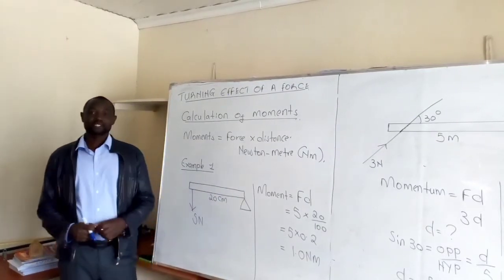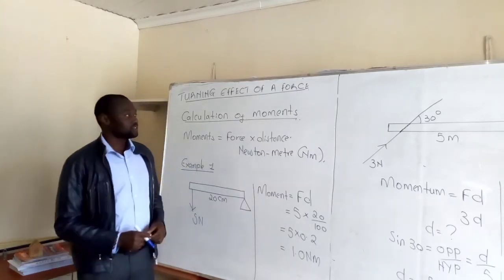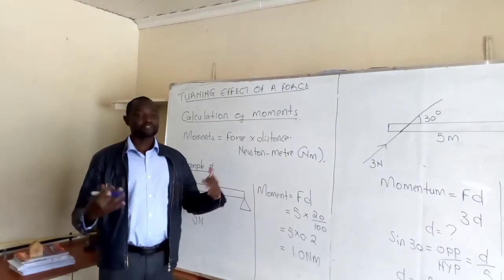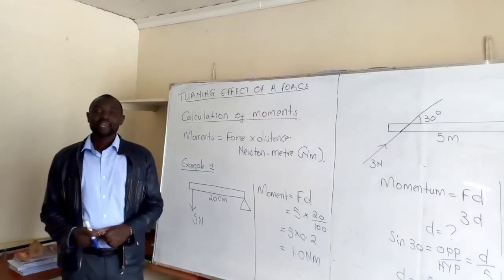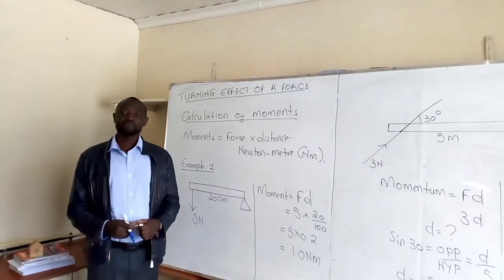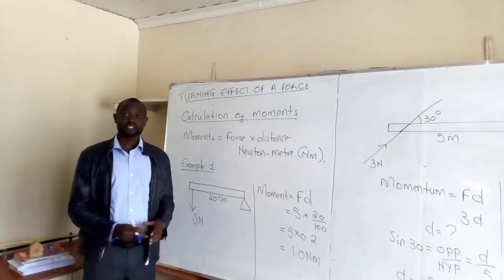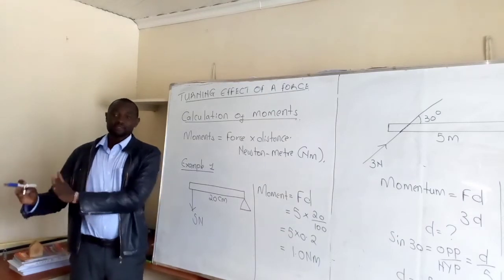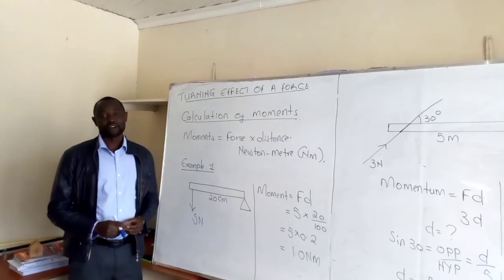In our previous lesson, we looked at moments and defined what a moment is, and we found that a force causes a turning effect. We looked at the factors that affect moments: the magnitude of the force causing the turning, and the perpendicular distance from the turning point to the line of action of the force.